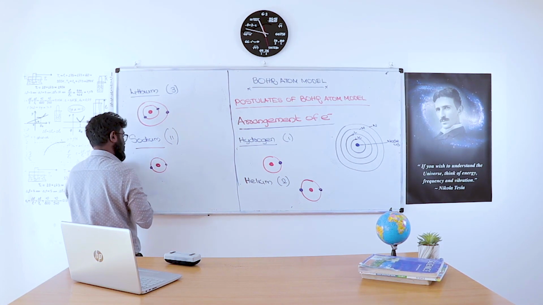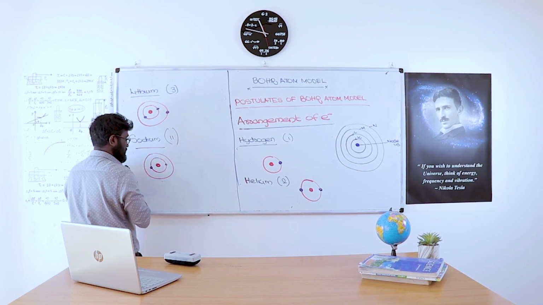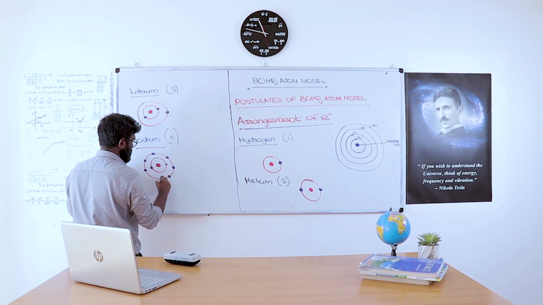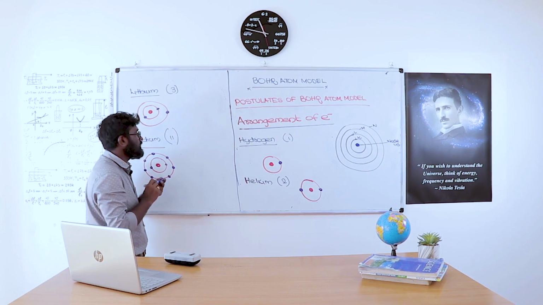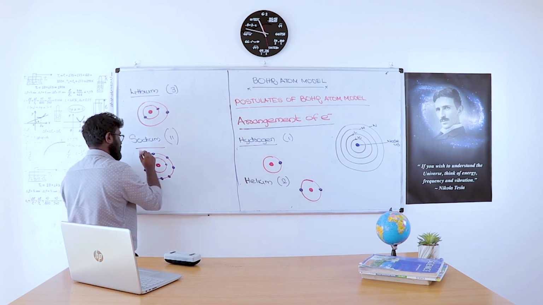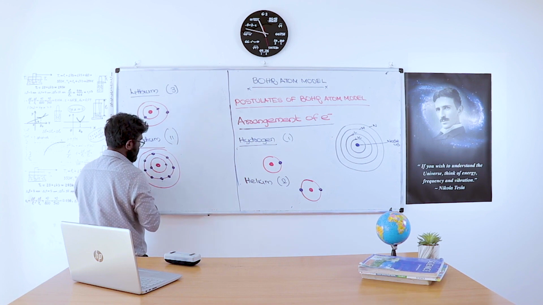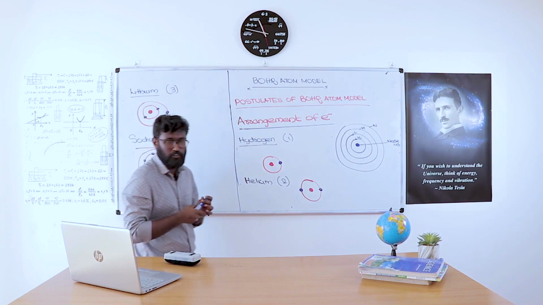In the second shell, we can accommodate a maximum of 8: 1, 2, 3, 4, 5, 6, 7, 8. So 8 plus 2 is 10. Now 1 electron is left over, and that remaining one is filled in the third shell.